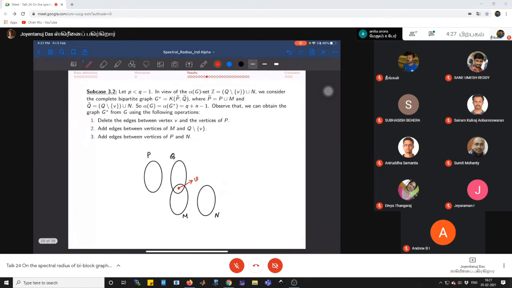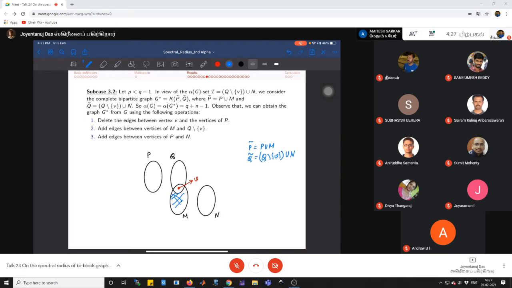So the next subcase is P strictly less than Q minus 1. So then what? Same here, the independent set we are considering is Q minus V union A, and here we are considering P tilde to be Q union A and Q tilde to be Q minus V union A. So what is happening is I am removing N from here.